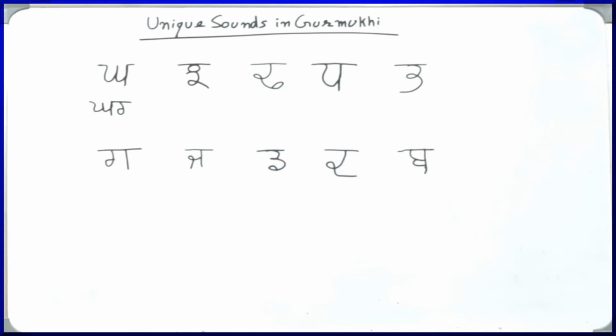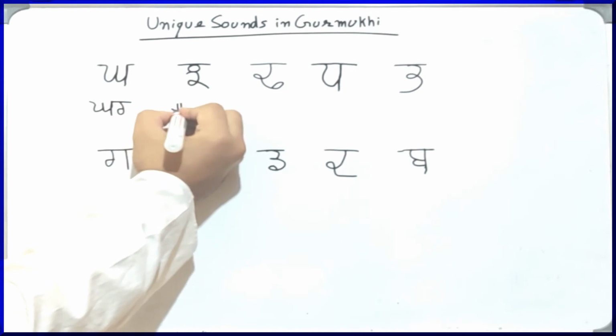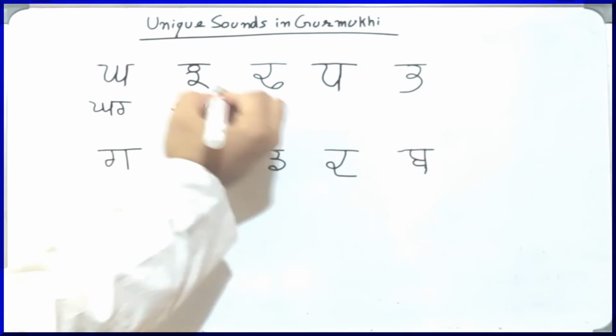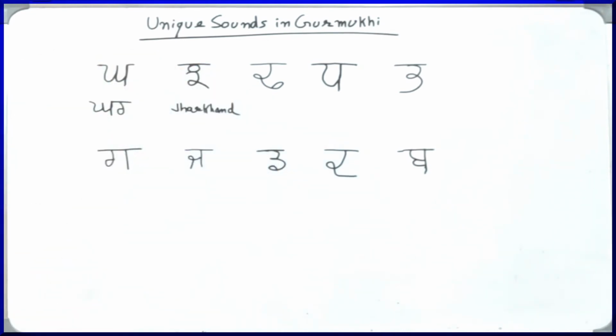Kar. In a similar way, from Chajja, we can have this Indian state, Jharkhand. In English or in Hindi, we use the sound of somewhat this letter, Jharkhand, right? But in Punjabi, we don't say Jharkhand, we say Charkhand, Chajja, Charkhand.